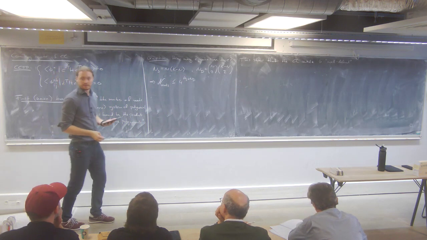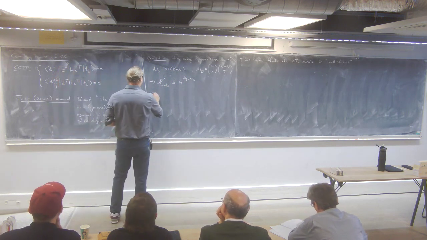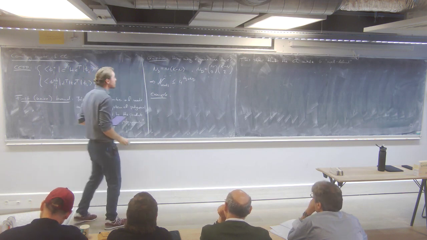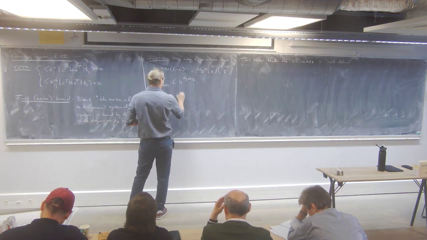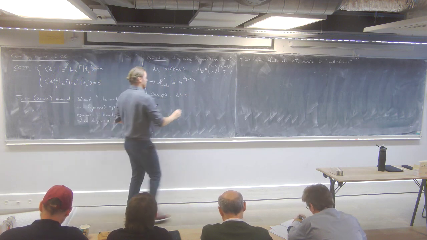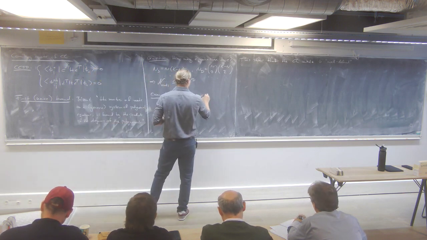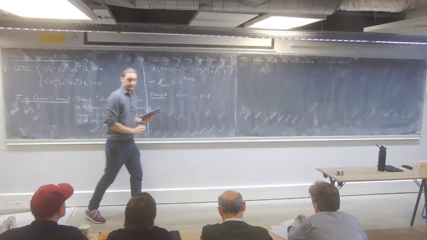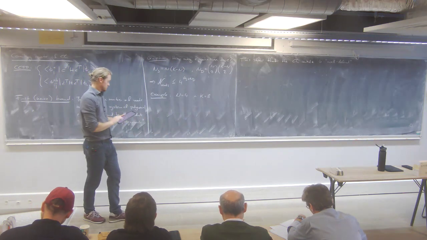Lots of numbers, right? So let's put some life into this. Let's do something simple. Let's pick n equal 4, so 4 electrons in 8 spin orbitals.